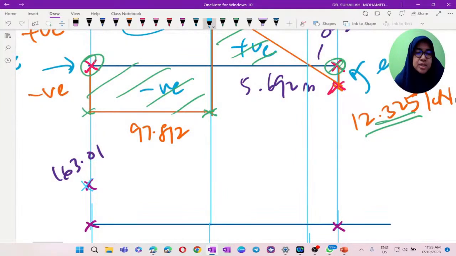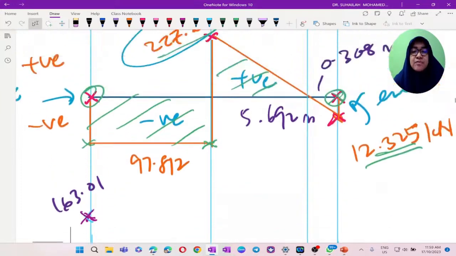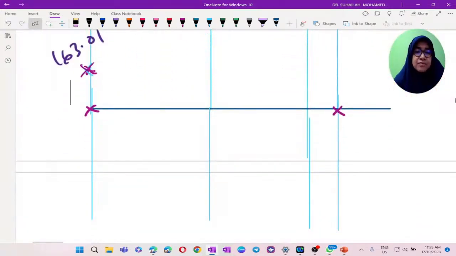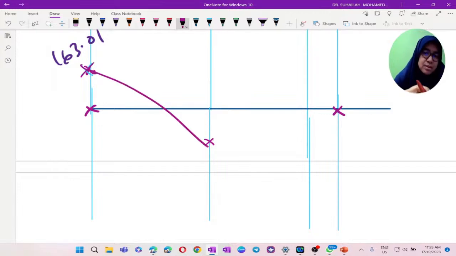Here is the position 163.01. Okay, we have to minus by the area 97.812 times 5. Okay, we have to find the value here, and it should be straight, not curve. It is a straight line.